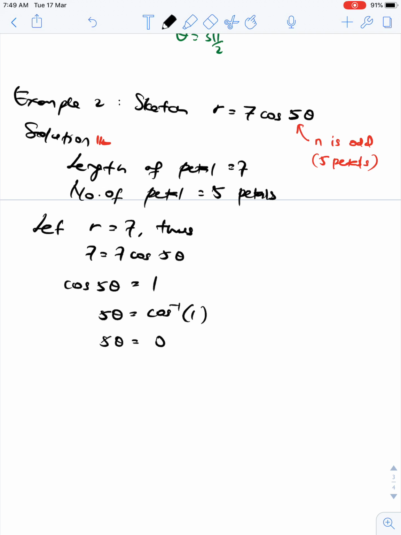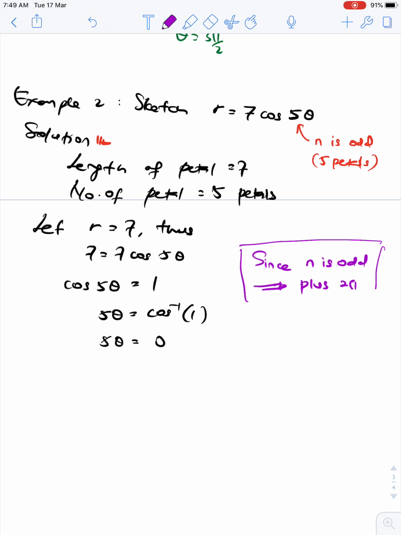Alright, in this example, since we have 5 petals, we should find the location for the 5 angles, for the 5 petals. So the short note you should notice here: since n is odd, we add 2 pi.